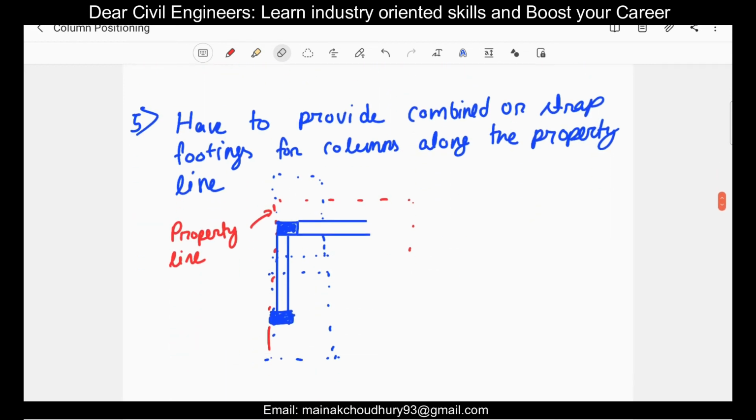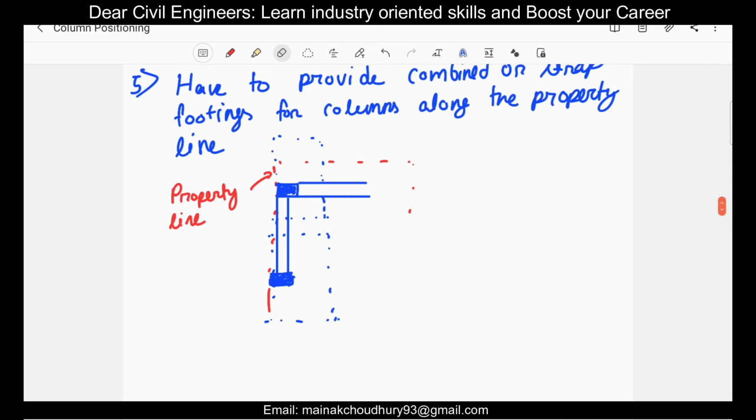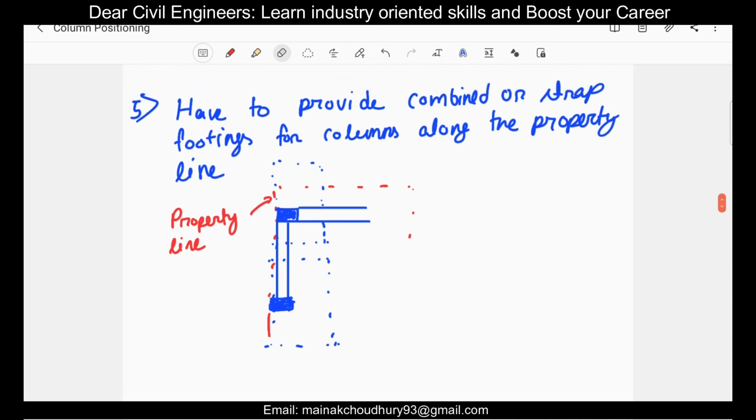Okay, the next point which we can consider is we have to provide combined or strap footings for the columns along the property line. So this problem is prevalent in many parts of India. Suppose you have a plot and we need to provide this particular column along the property line. This is the boundary line, the red, and the building is coming along the property line.